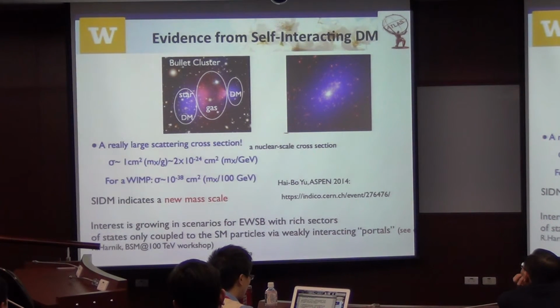So that probably infers that self-interacting dark matter has a new mass scale. So it's interesting to start looking at the electroweak symmetry breaking sector, where we might have a rich sector of particles. They could couple to the Standard Model particles via weakly interacting portals.